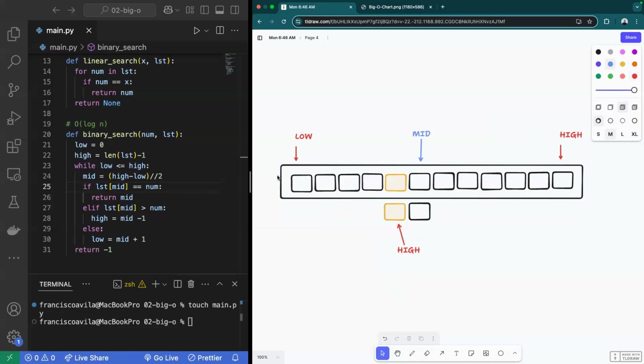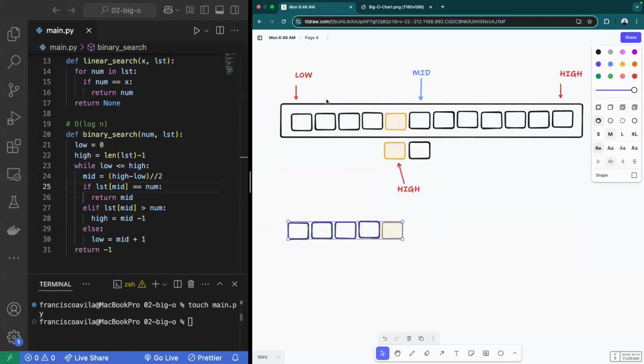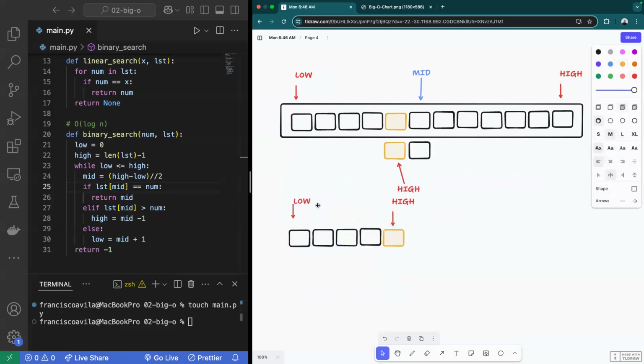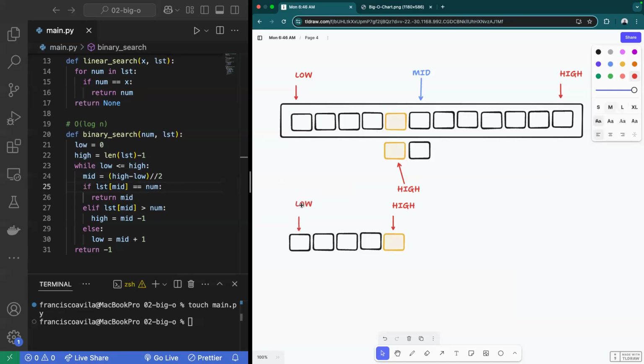The while loop repeats itself. So for our next iteration, we have low, we have high, and then we have middle.